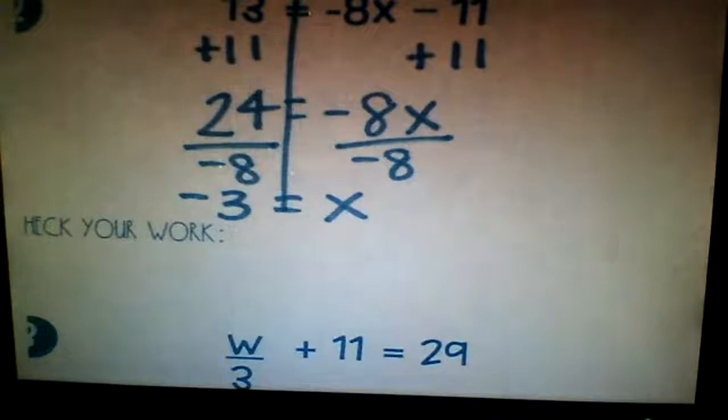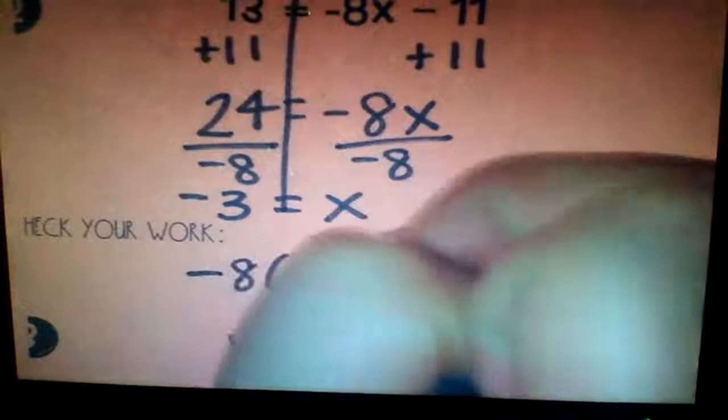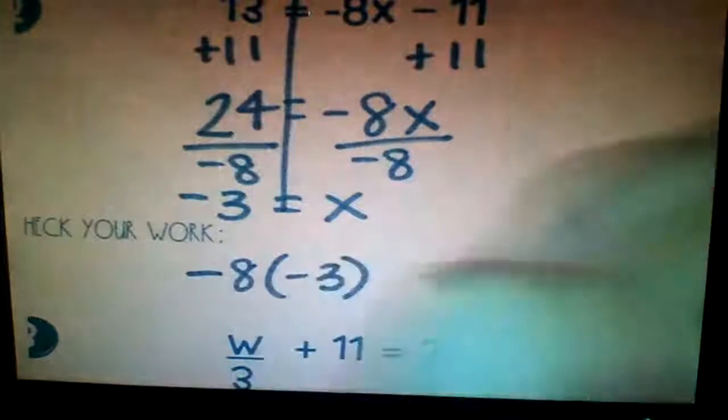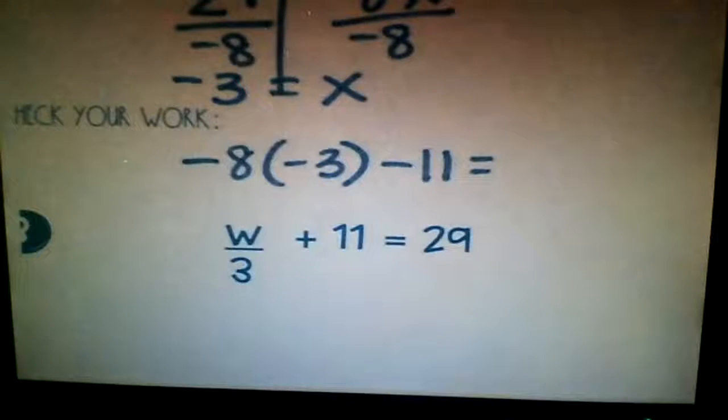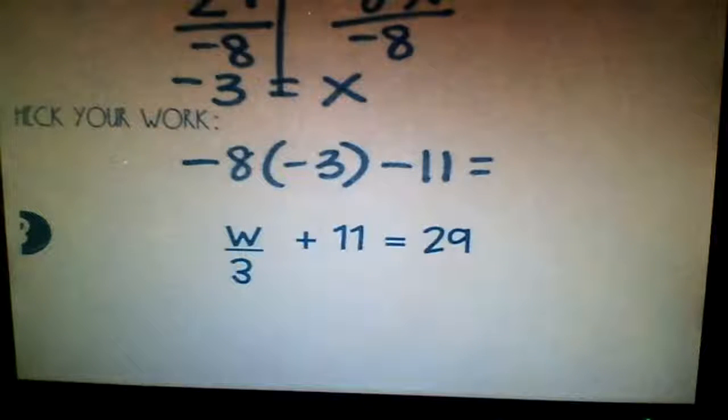So, check my work. I'm going to plug in negative 3. So, negative 8 times negative 3 minus 11. What's negative 8 times negative 3? Negative times a negative. Positive.